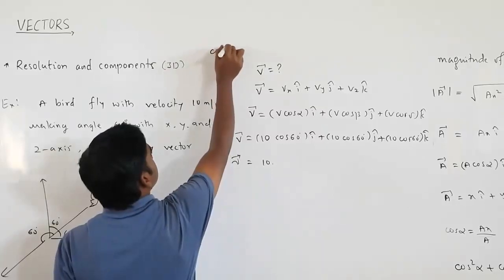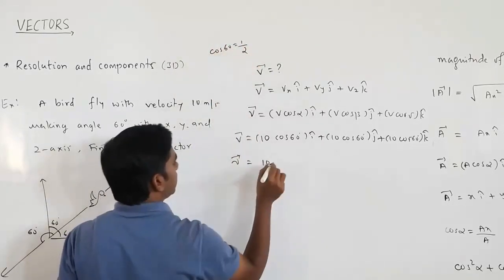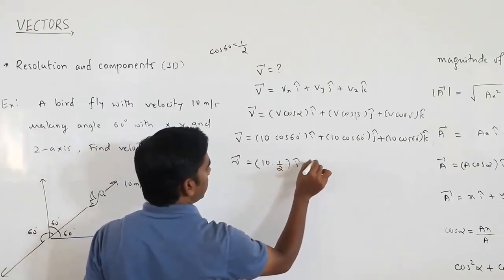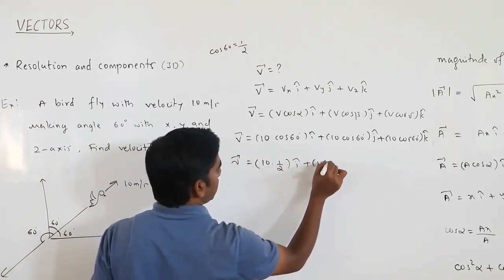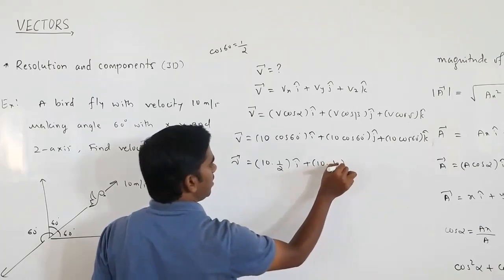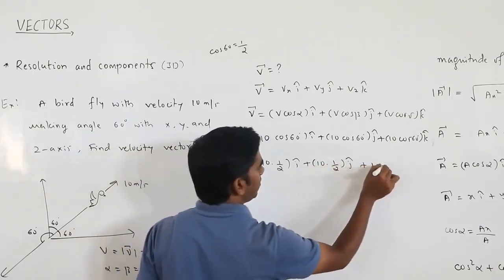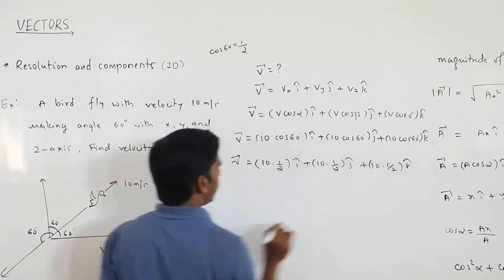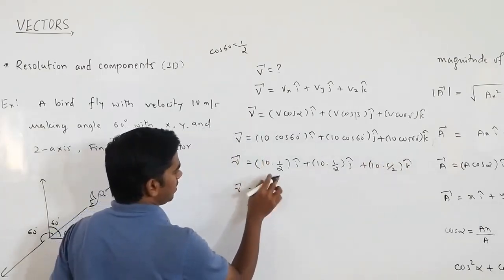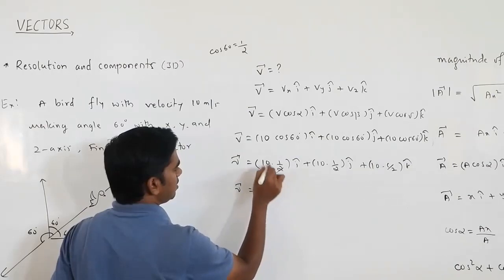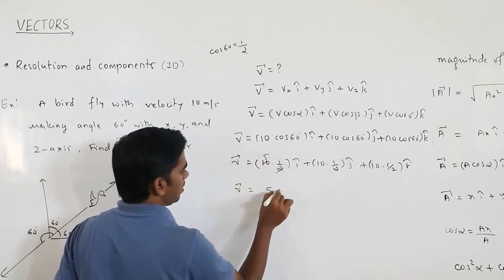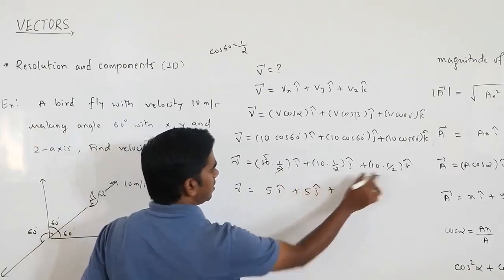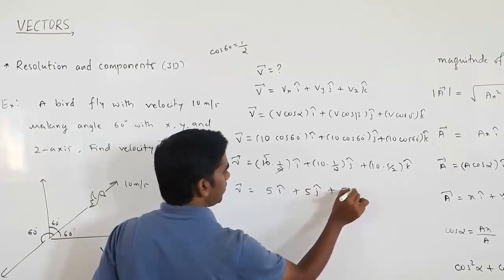Cos 60 means 1 by 2. So 10 times 1 by 2 i cap plus 10 times 1 by 2 j cap plus 10 times 1 by 2 k cap. So this is 5 i cap plus 5 j cap plus 5 k cap.